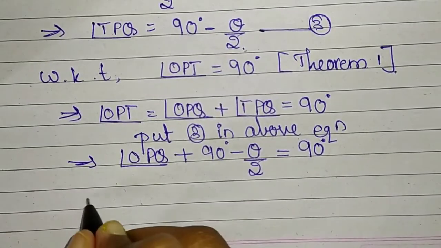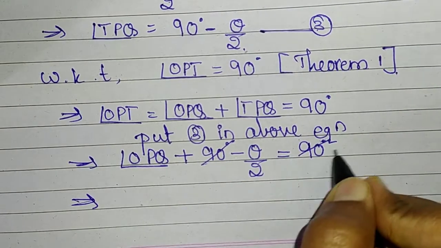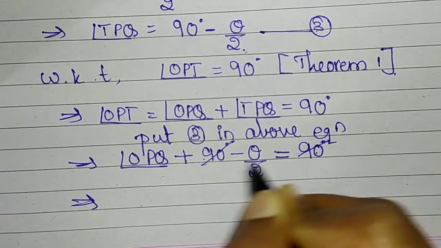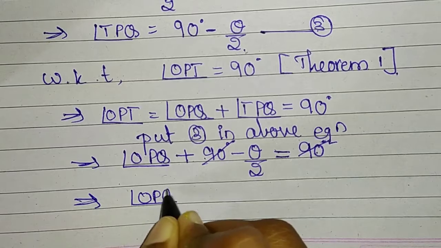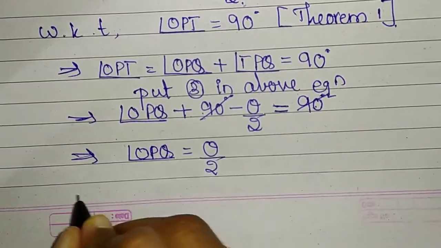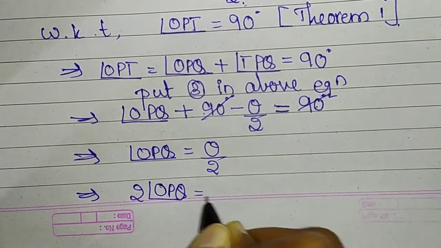On rearranging and simplification, since we have plus 90 on either side of the equal to sign, they cancel each other. We have angle OPQ is equal to theta by 2. So this implies 2 times angle OPQ is equal to theta.